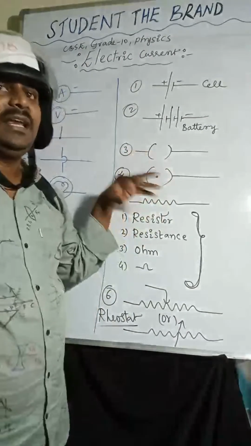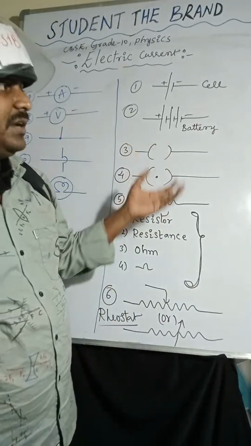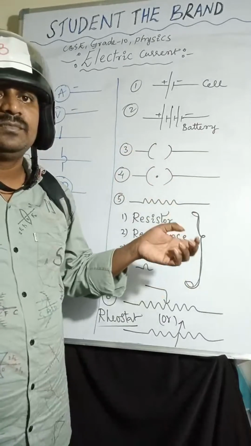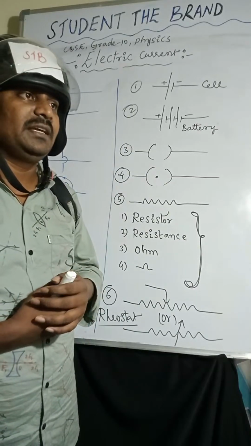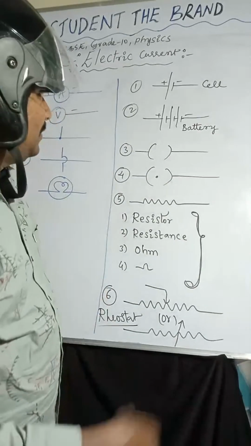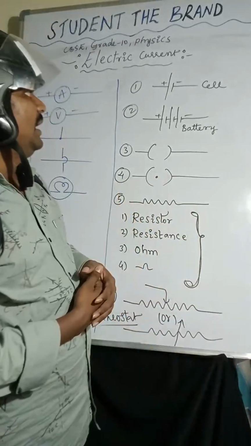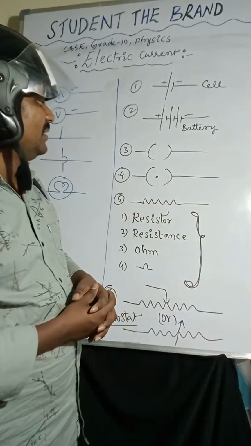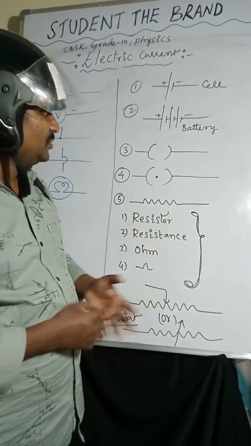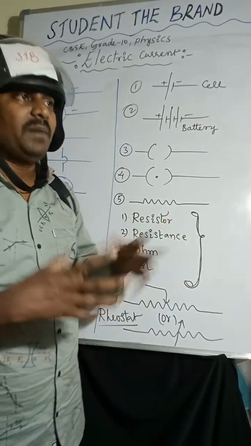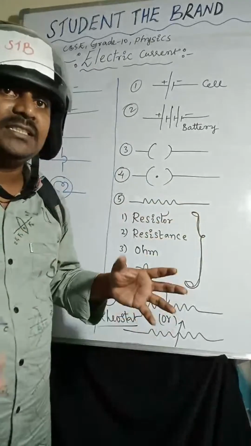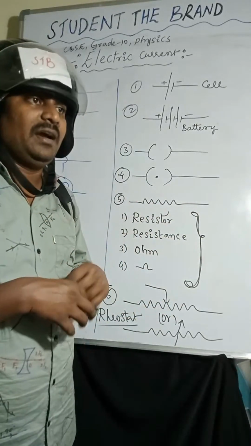They will give the electrical appliances and we have to draw the diagram. Mainly a 3 marks question: like a 6 volts battery is connected, and resistor, rheostat, ammeter, voltmeter, bulb. They will give the devices, and we have to draw the schematic diagram.